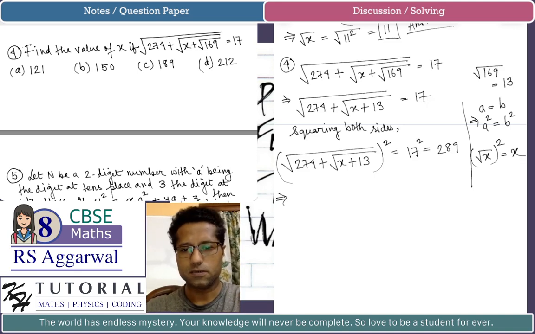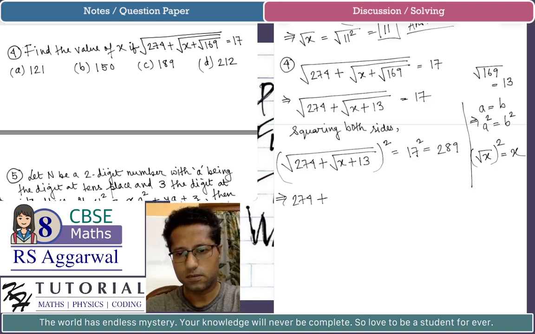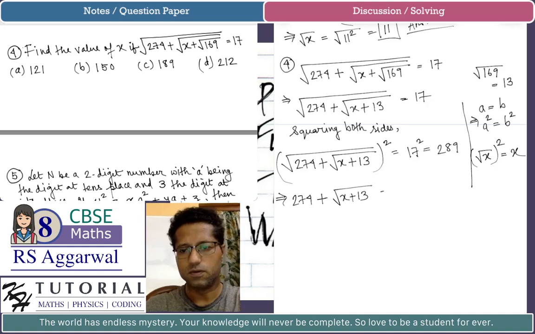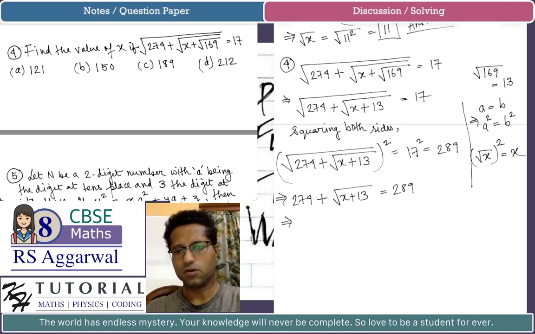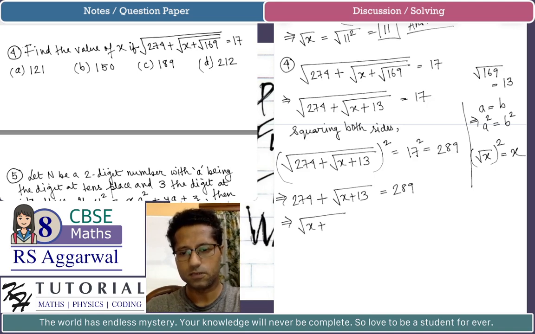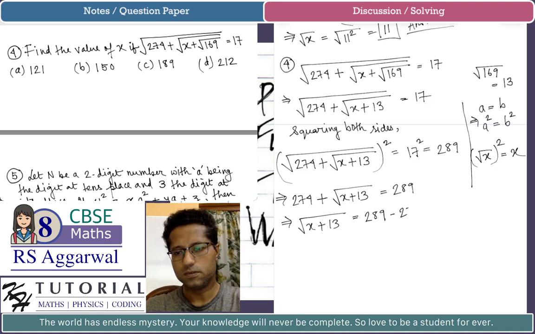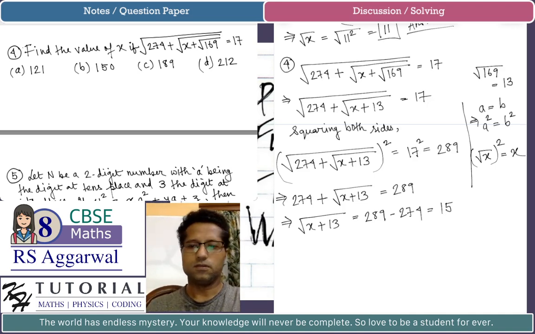So this implies we have 274 plus square root of x plus 13 is equal to 289. Now this will imply, I will bring all the constants to the right hand side, and we get square root of x plus 13 is equal to 289 minus 274. This is equal to 15.